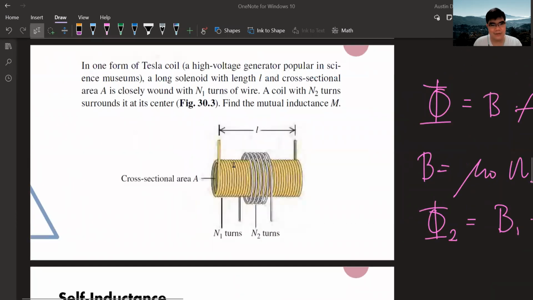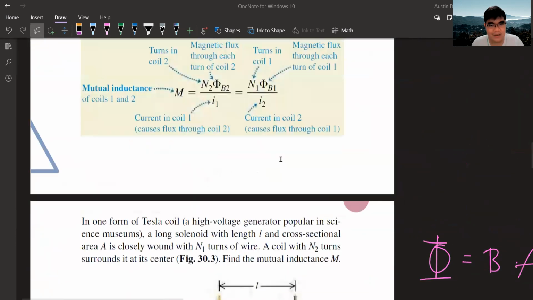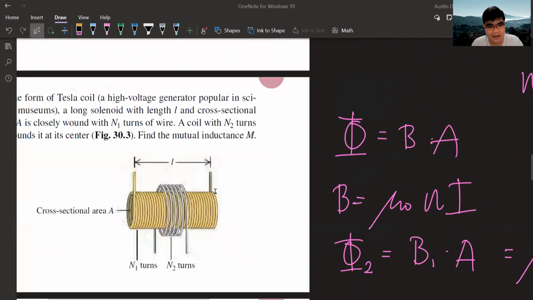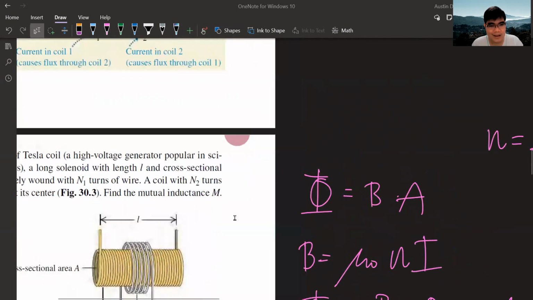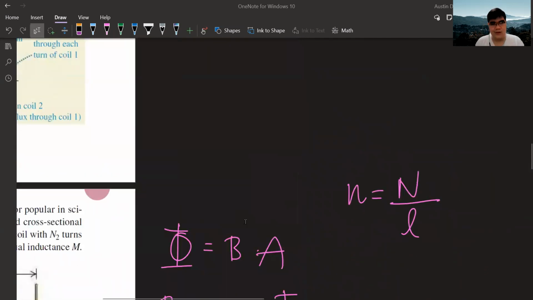So anong silbi nito sa buhay natin? Dito nanggagaling yung mga wireless charger natin. Di ba, meron tayong charging dock.